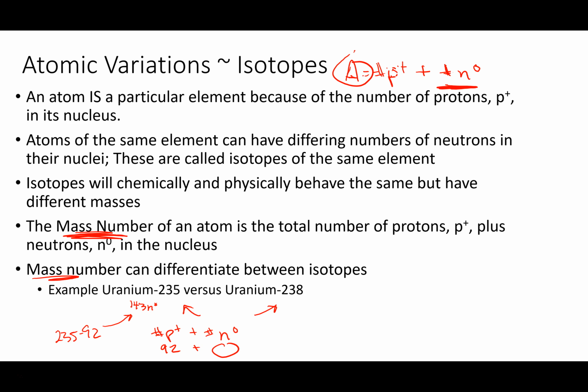I guess it would be just 3 more? Does that make sense? Yep, 146. Perfect. 146 neutrons. And we got that by taking the 238 and subtracting the 92. Perfect.